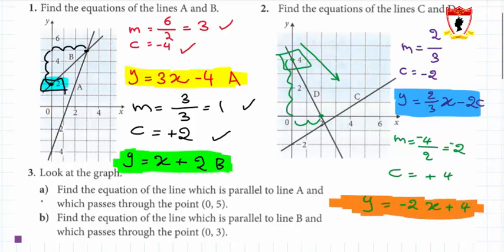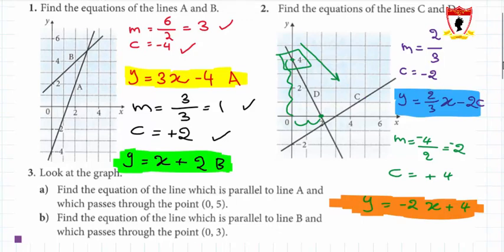Question 3 says find the equation of a line which is parallel to line A and passes through the point (0, 5). Well, this is line A, and a line which is parallel to line A and passes through (0, 5). (0, 5) is here, so we don't need to draw.